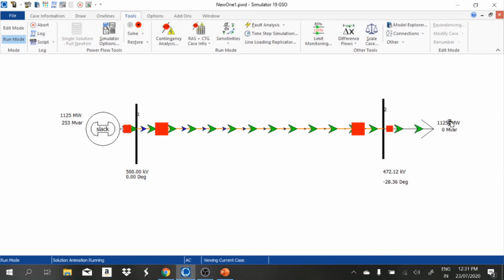Now we increase the load and see the variation. You can see the voltage at the receiving end is reducing and the power angle is also increasing, and the reactive power from the generator is also increasing. So now we are going to find the steady state stability limit of this model.